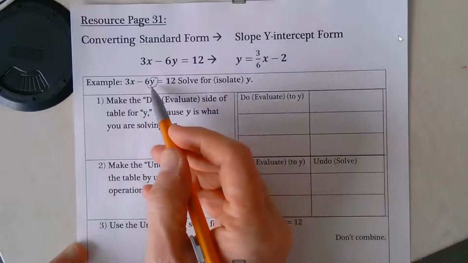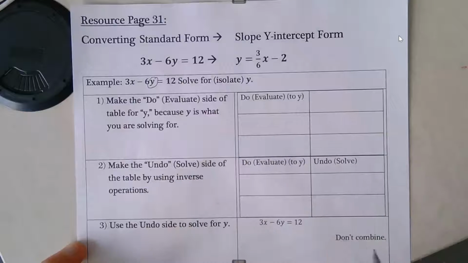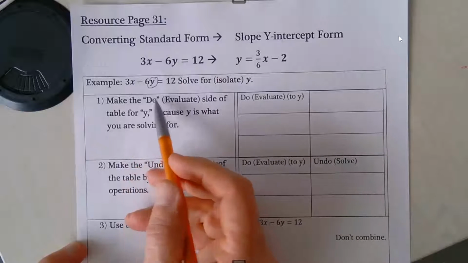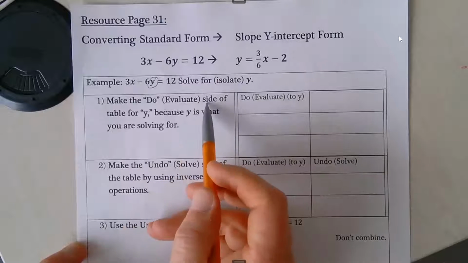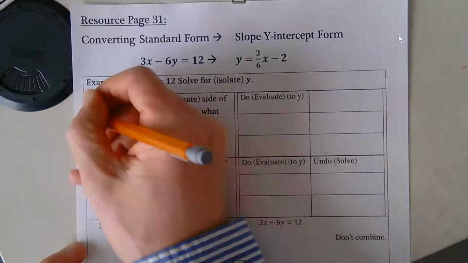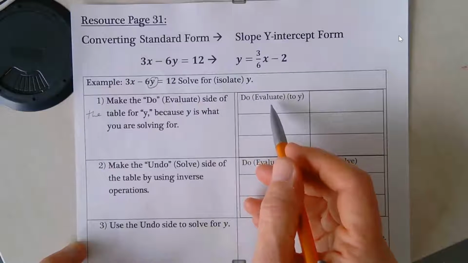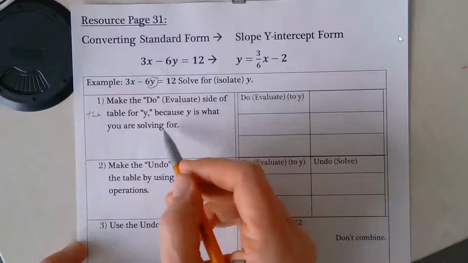We'll know that we did it right if we have y by itself in our answer. Step one, make the do side or the evaluate side of this table, which I've called the do undo table, for y, because y is what you're solving for.